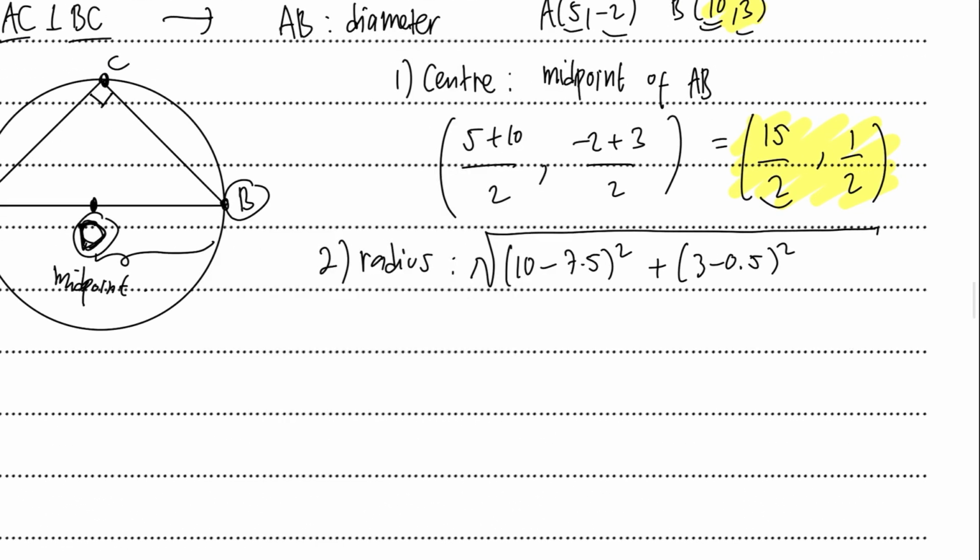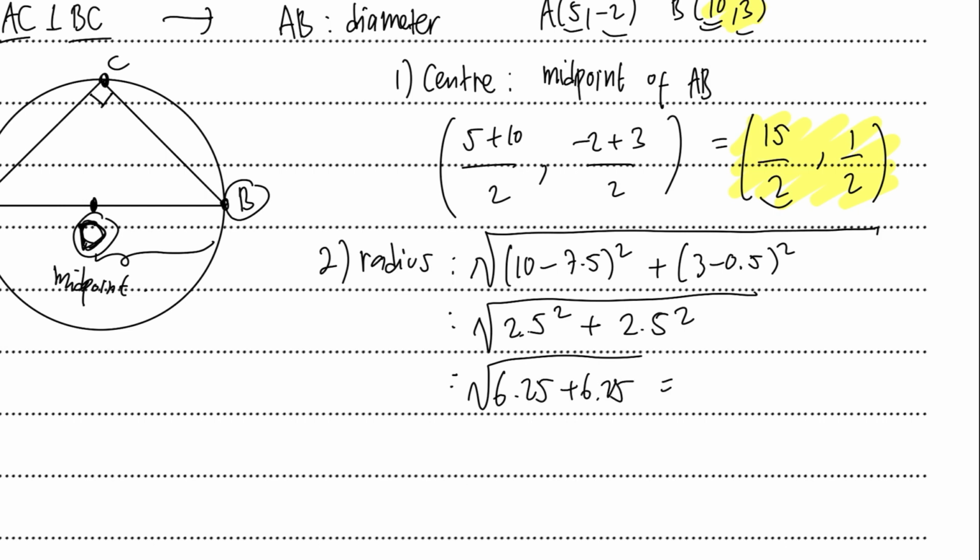So the radius will be the square root of 2.5 squared plus 2.5 squared. Oh, it's good. So when we calculate 2.5 squared using a calculator, you will get the square root of 6.25 plus 6.25. So you will get the square root of 12.5 or the square root of 25 over 2.